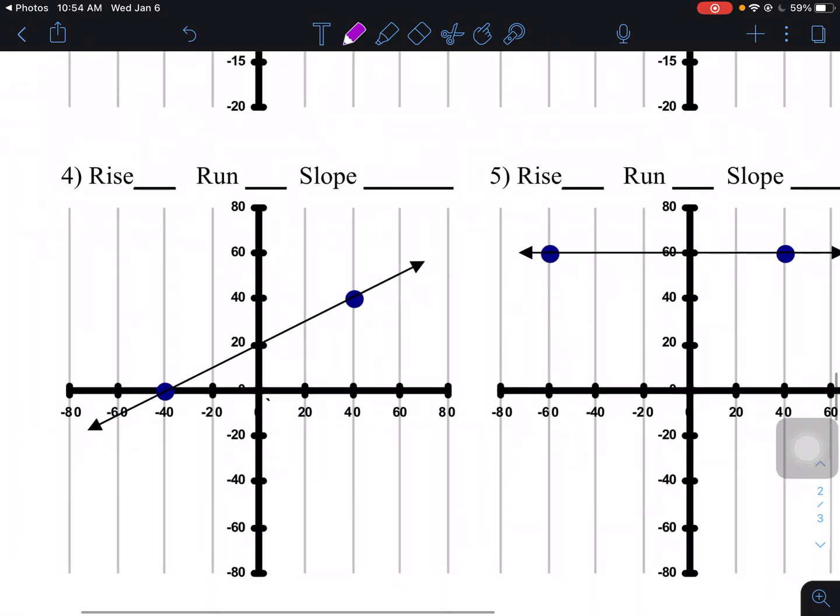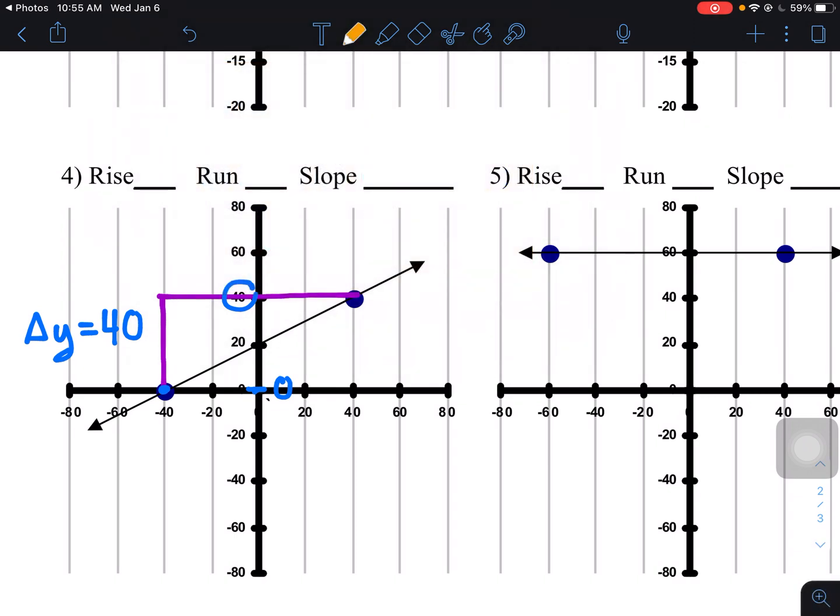So if I drew a slope triangle here, my rise, which is my change in y, I'm going from a height of 0 to a height of 40. So from 0 to 40, I'm going up 40.